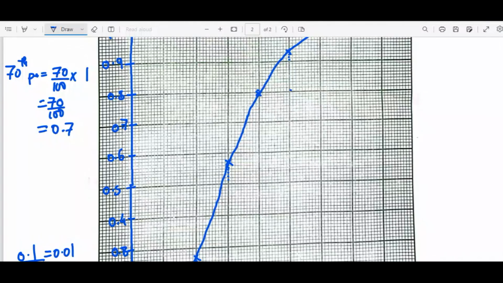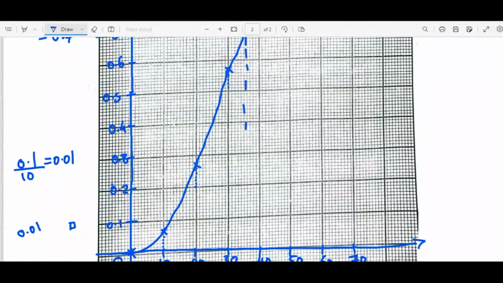So where there is 0.7, I'm going to draw a dotted horizontal line. Then as soon as I touch my curve, I'm going to turn 90 degrees parallel to the y-axis. So the point where this line will touch the x-axis is our final answer.